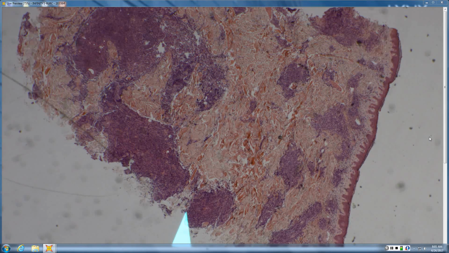For the marginal zone, you'd expect all your markers to be negative unless you have normal germinal centers in there. So marginal zone lymphoma can form around totally benign germinal centers. When you say all your markers, you mean BCLs and... You said all your markers would be negative, so I didn't know.